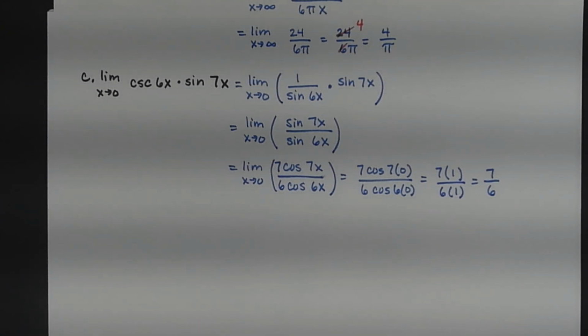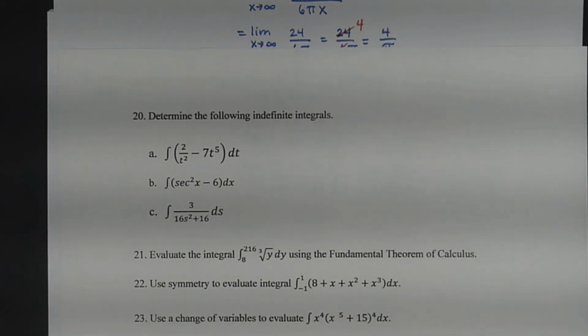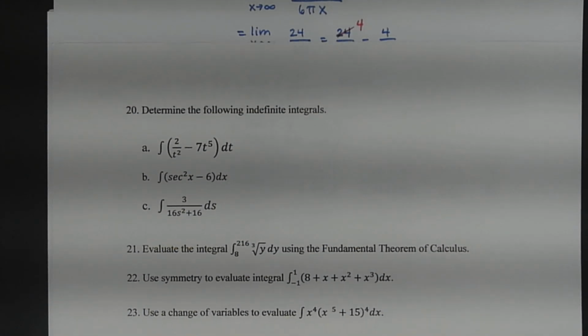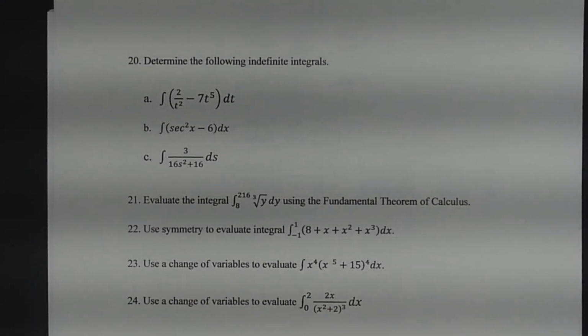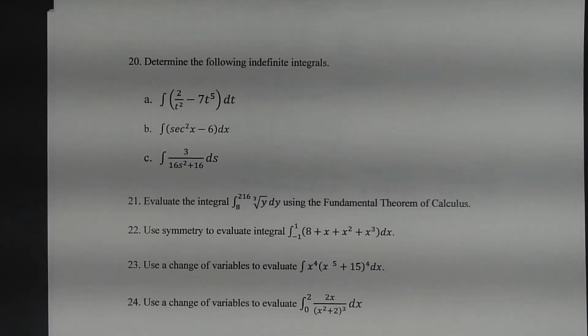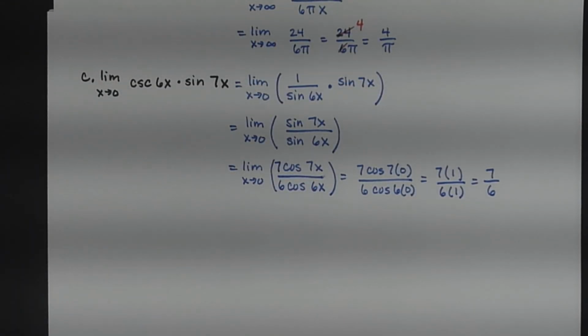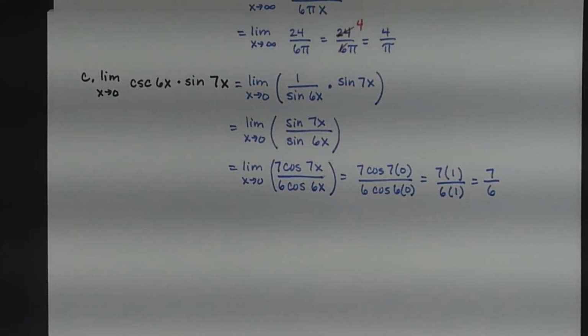All right, now on to number 20. Here we're going to be dealing with integrals on these last 5 problems. In number 20, you want to determine the following indefinite integrals. So starting with part A of number 20.